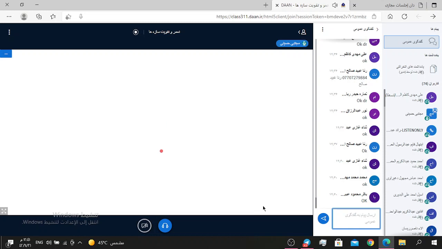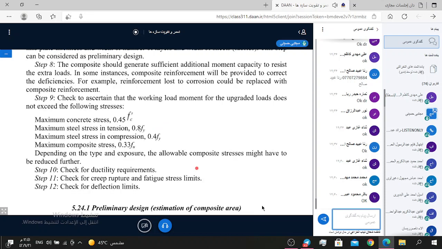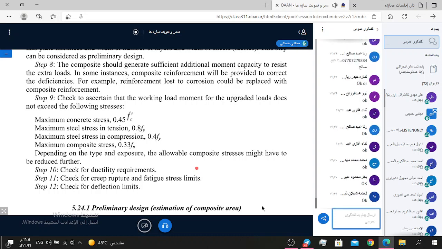Here we have 9 steps, and we can check the ductility, check for creep rupture and fatigue stress limit, and check for deflection. These 3 steps, 10, 11, and 12, are very important.